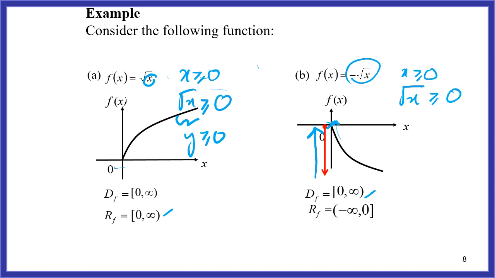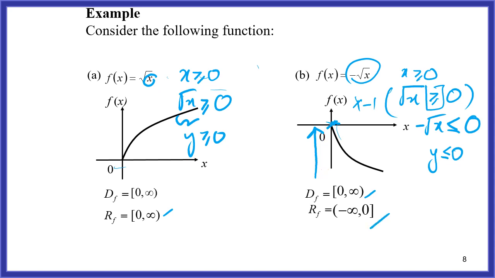But the function here has a negative, so multiply by negative square root of x, so it will be negative 0. Because it's multiplied by negative 1, the sign will change. That's why we have less than or equal to 0, which means y should be less than or equal to 0. That's why we have the range from negative infinity up to 0.